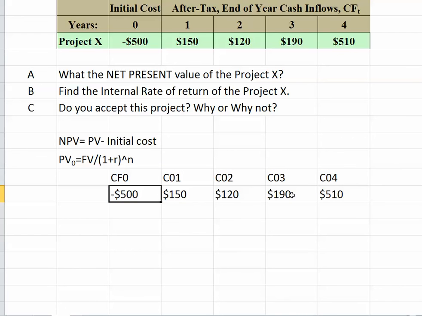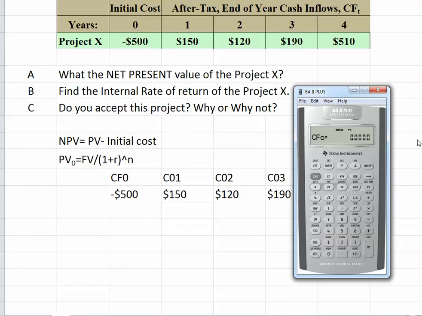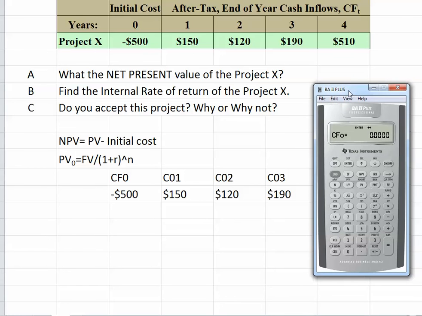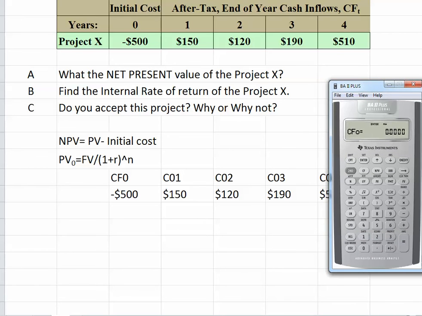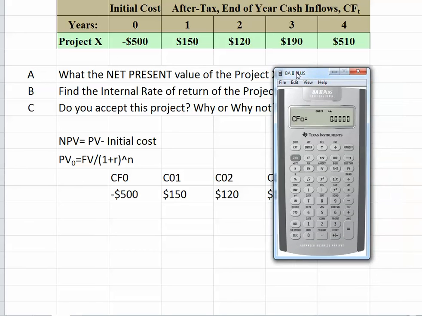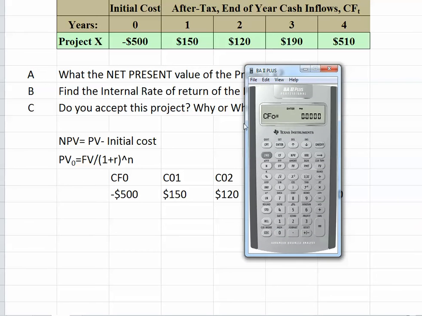So if you put these in your calculator, let's do it in the calculator. Okay, so the cash flow number 0 is gonna be negative 500. Enter.